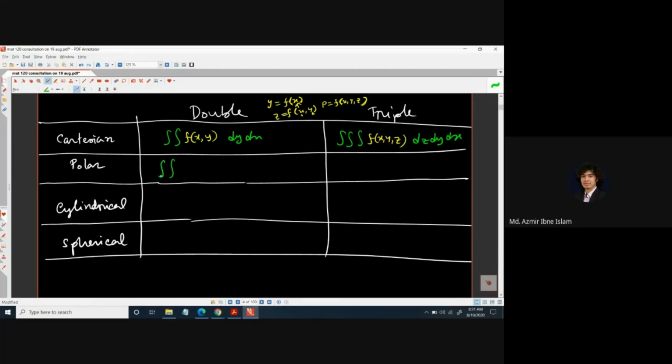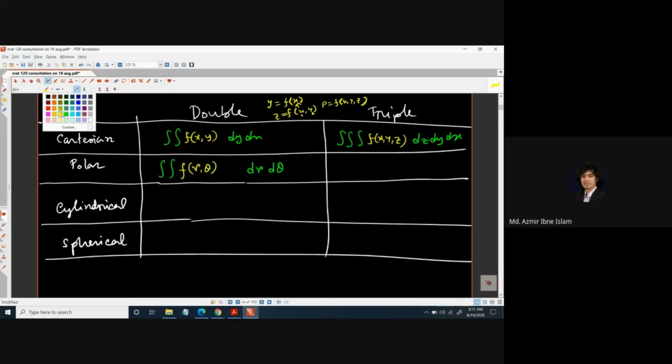Polar coordinate is normally represented by r and theta. So just like dx dy, here you have dr d theta, and the function is f of r comma theta.